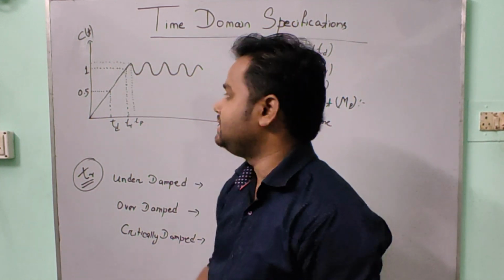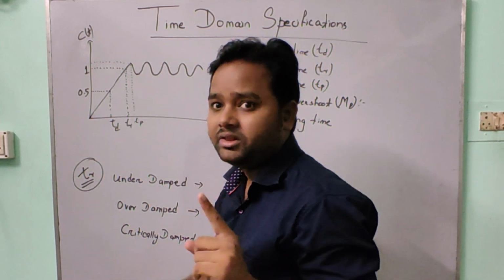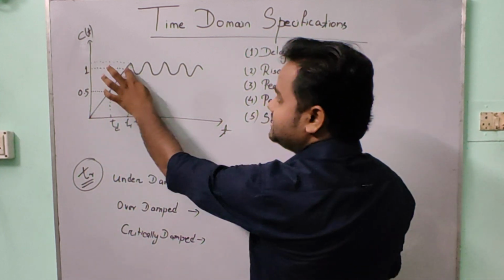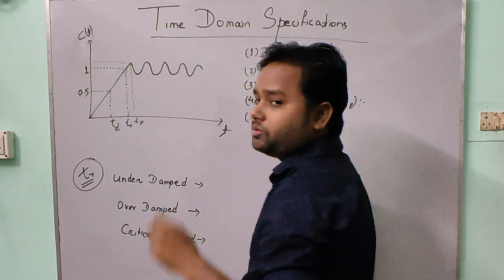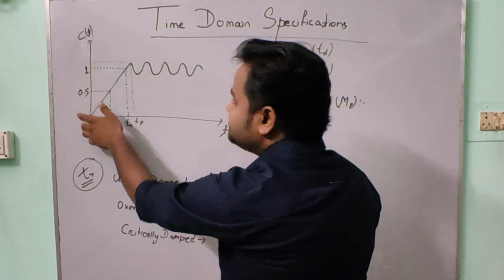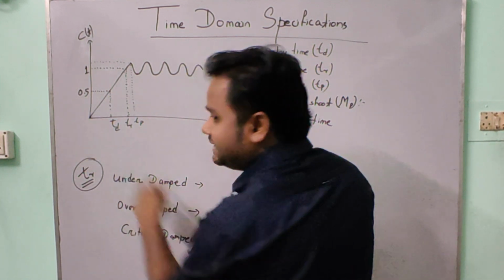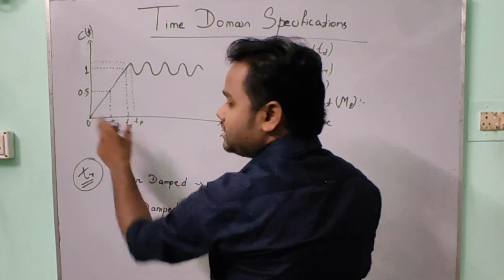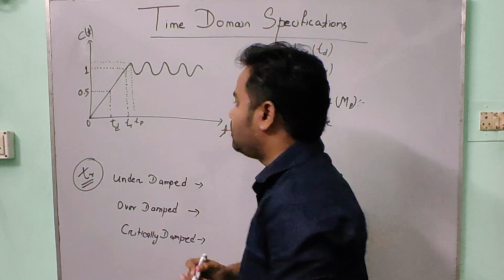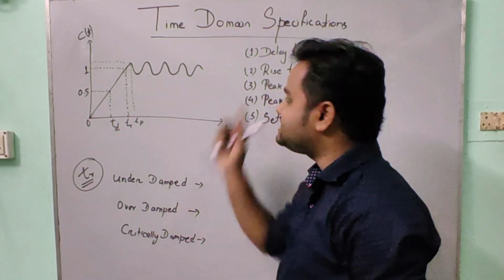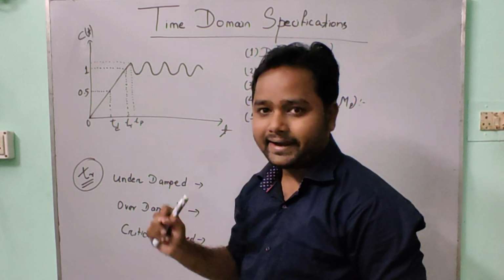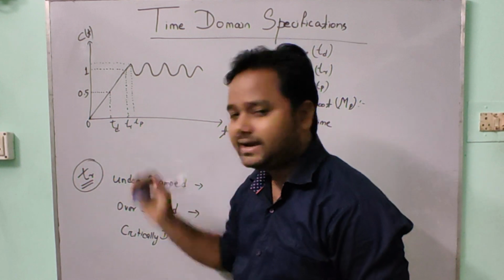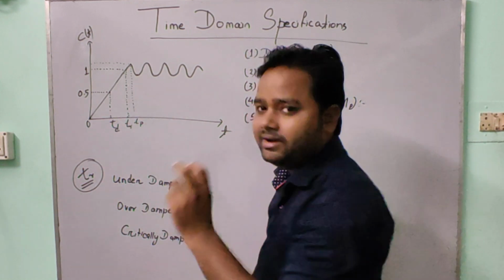For the first time, the time required to get to its 50% value, that means from 0 to TD, is known as delay time. Clear? So, what is delay time? Delay time is defined as the time taken to reach 50% of the output value for the very first time. So, 0 to TD is the delay time.